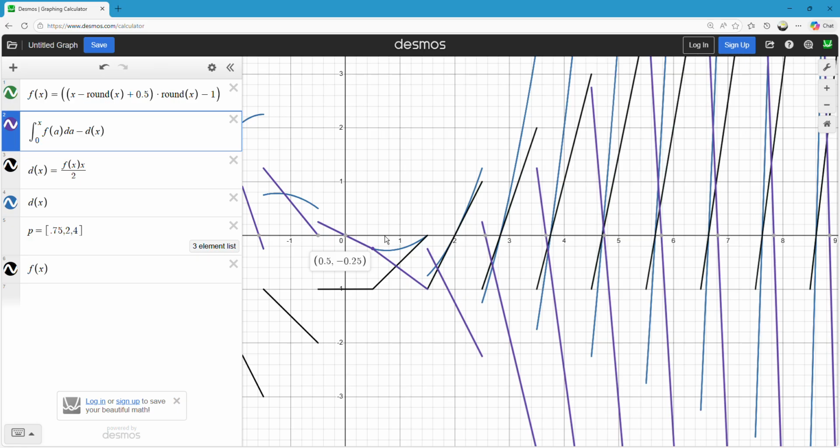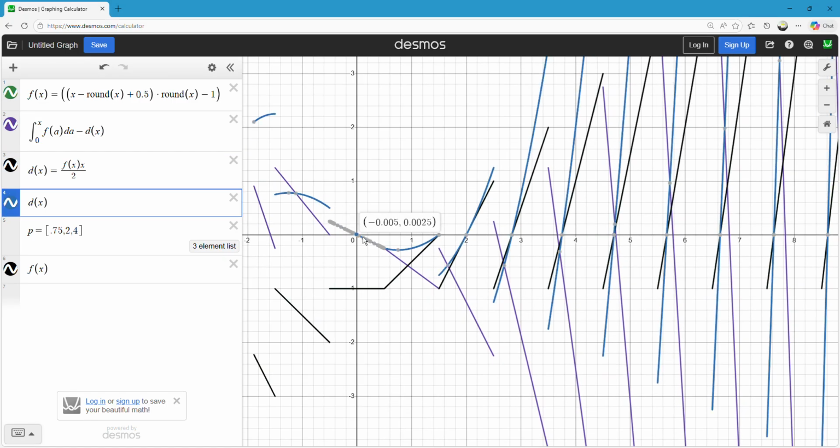Oh, this thing's got half the slope of it. This is one. This is the top at. So this is half. This is at around just half slope, and then this is some other slope.